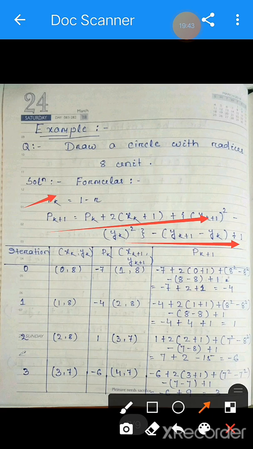Okay, in the first iteration when k value is 0, that means p0, xk is 0 and yk is 8. Now we find out the pk. Pk means 1 minus r, 1 minus 8, which is minus 7. Now we find the xk plus 1 and yk plus 1 value. Here pk is minus 7.